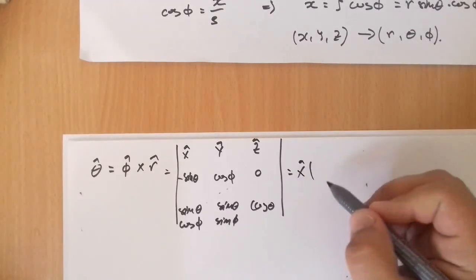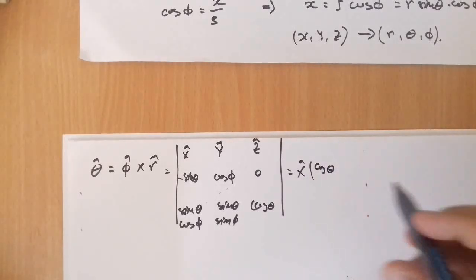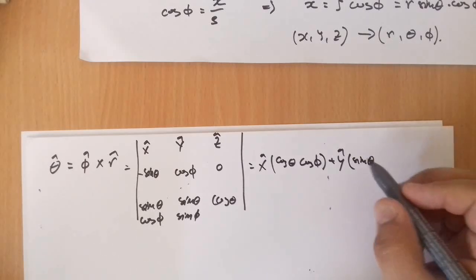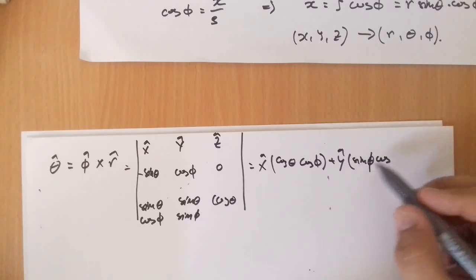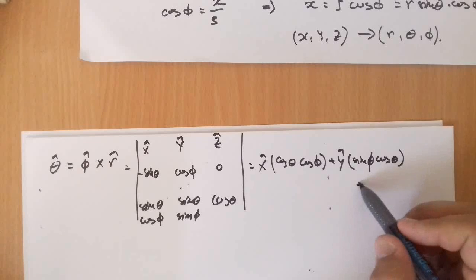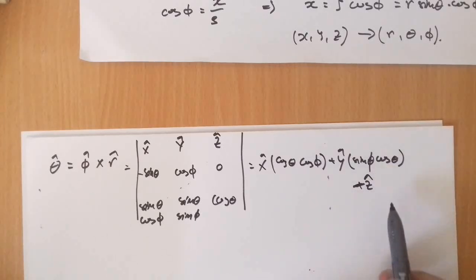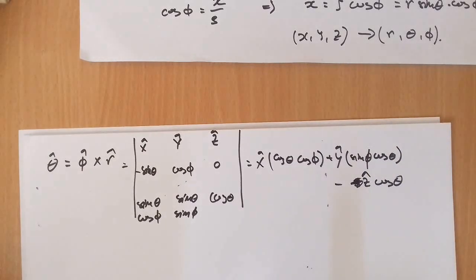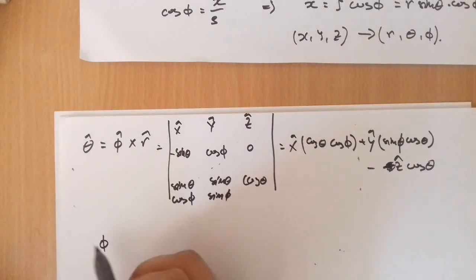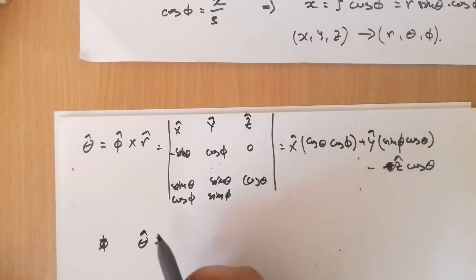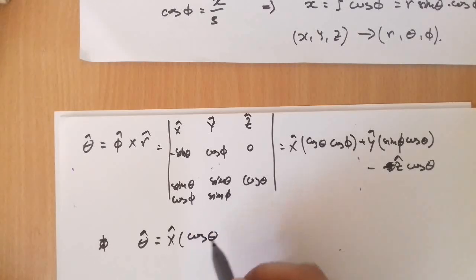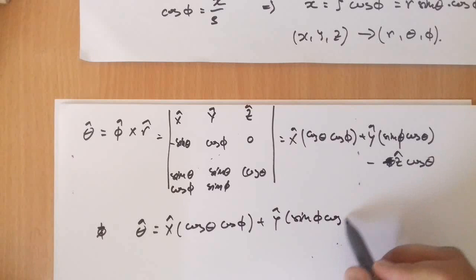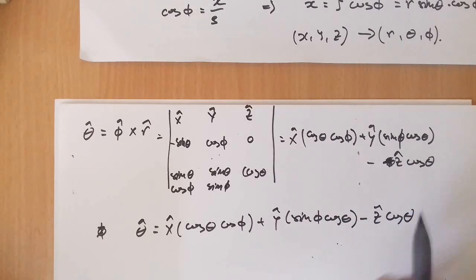The result in the x direction is cosine theta cosine phi, plus in the y direction sine phi cosine theta, minus in the z direction sine theta. So x hat is cosine theta cosine phi, plus y hat sine phi cosine theta, minus z hat sine theta.